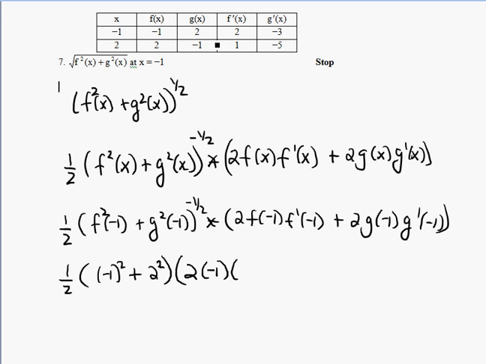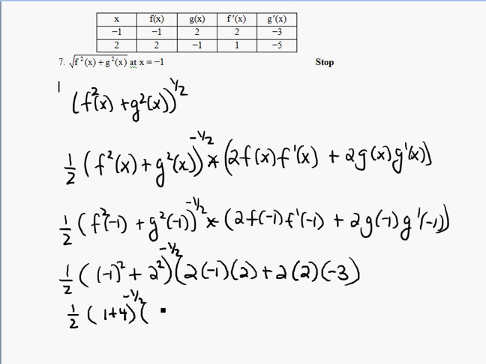F prime of negative 1 is 2. G of negative 1 is 2. G prime of negative 1 is negative 3. This is to the negative 1/2. Keep forgetting that. So I get 1/2, 1 plus 4 to the negative 1/2.